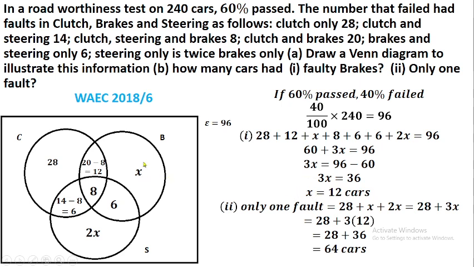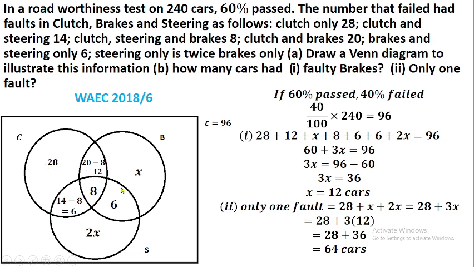So that means brake only has 12 cars. And that's what you have to find: how many cars had fault in brakes only, which is x. And that means you have 12 cars there. Then how many cars had only one fault? This one has only one fault, which is clutch. This one has only one fault as well. You understand that now?